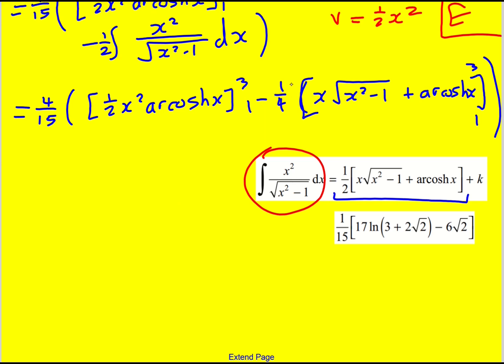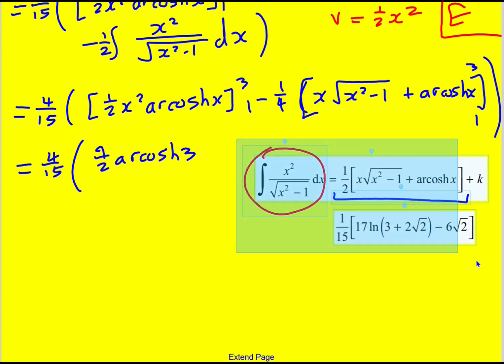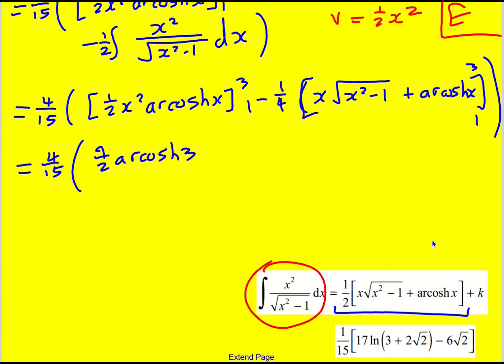And now we're ready to sub in values. So I'm going to get 4 over 15 multiplied by, and I'm going to put 3 in. I get 9 over 2 arcosh 3. Then minus a half arcosh 1. Now, if you can spot this, it's going to save you a little bit of time. Arcosh 1 is actually 0, because cosh of 0 is 1. We talked about that a little bit before.